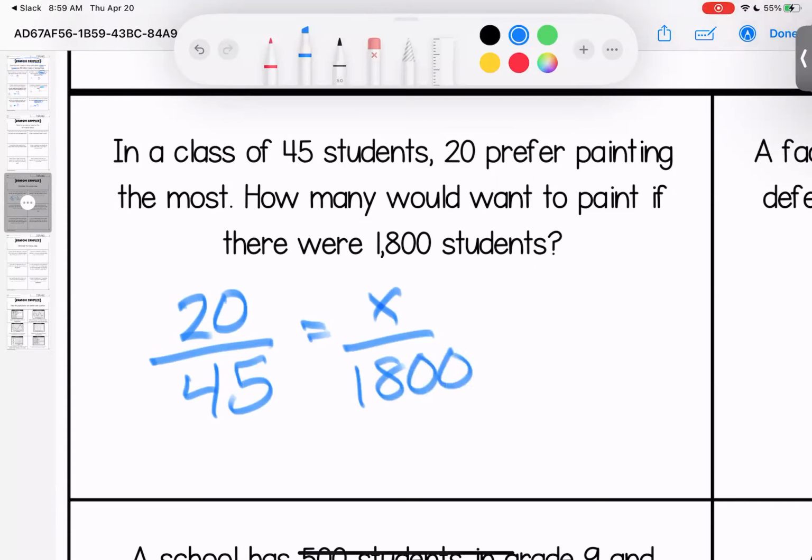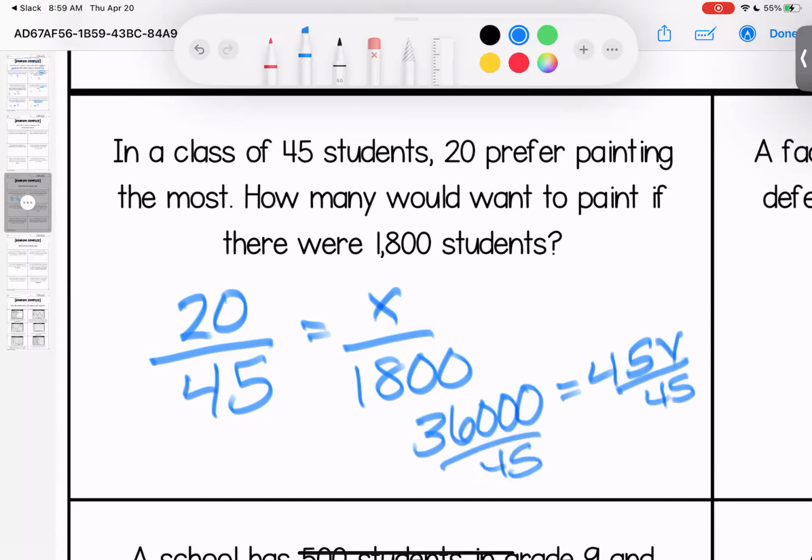For this one, we're first going to set it up correctly and make sure that we have our relationships the same, so that we have the correct ratio. Then we cross multiply: 1,800 times 20 gives us 36,000, which is equal to 45x. Divide both sides by 45 to get x by itself. x is equal to 800.